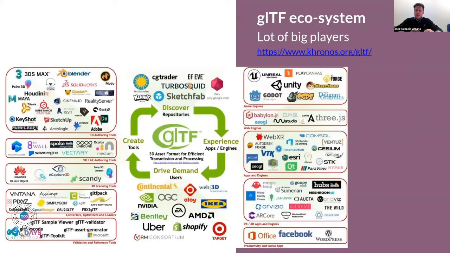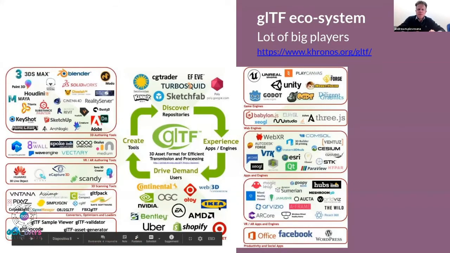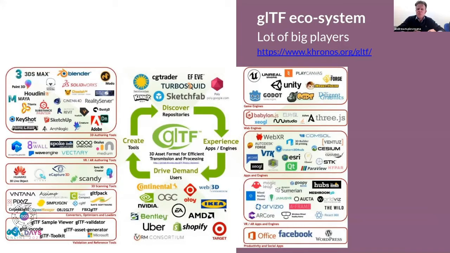glTF has a big ecosystem because there are a lot of partnerships with many players in this area. You see also IKEA, if you talk about furniture. There is Shopify for e-commerce. And there are 3ds Max, Blender, SolidWorks, Maya.